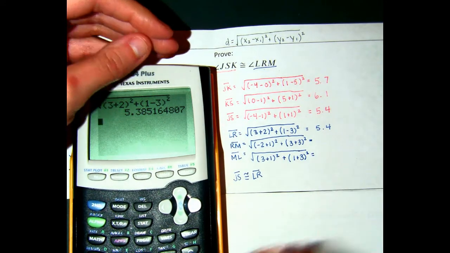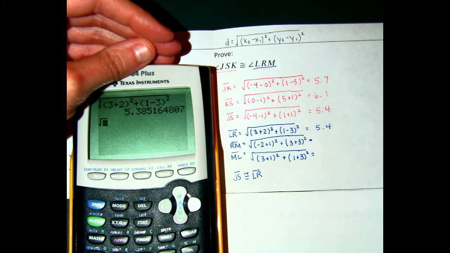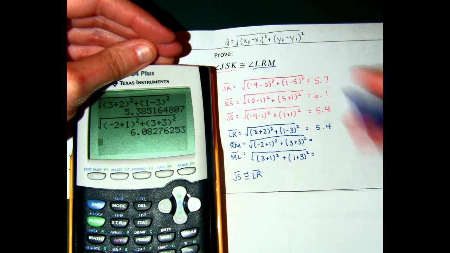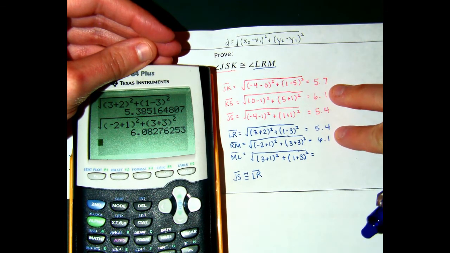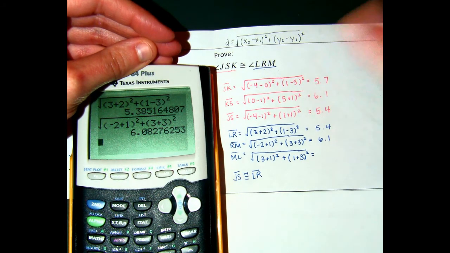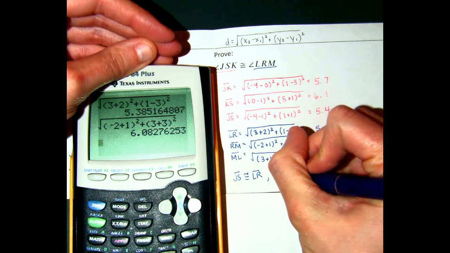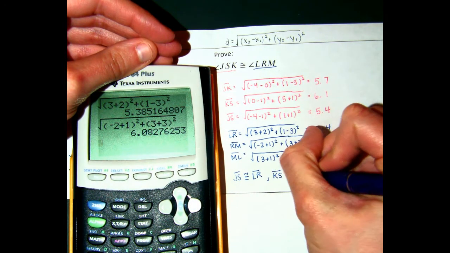Okay, now let's type in RM. Negative 2 plus 1 squared plus 3 plus 3 squared. 6.1, got another one. KS is congruent to RM. We'll comma here, KS is congruent to RM.